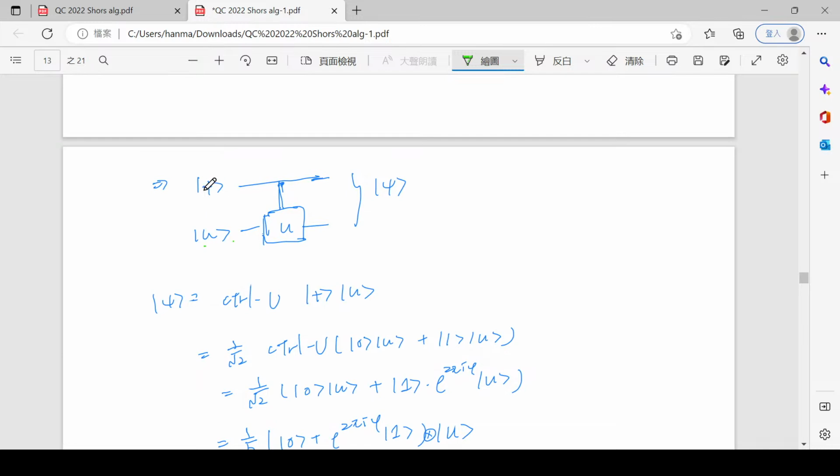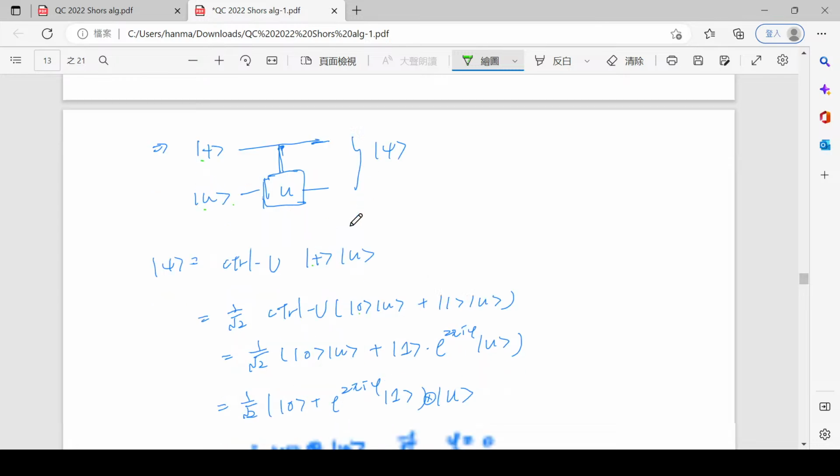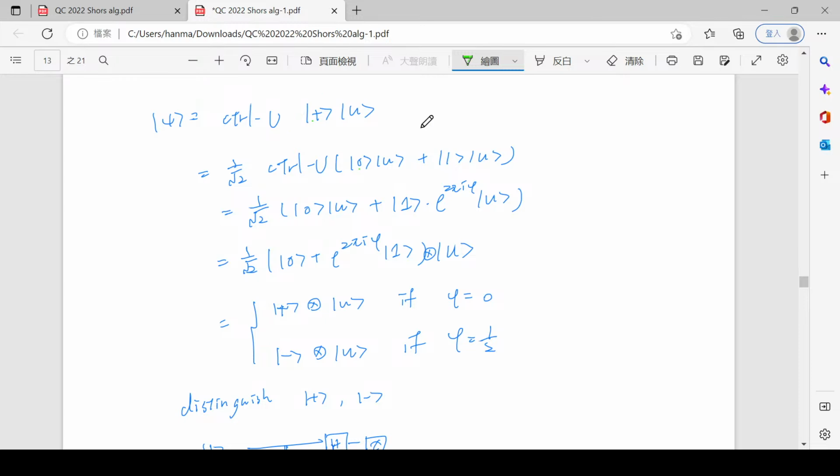So let's see how the phase kickback works. Right, so you have input plus and u, and you go through the control U. What will happen? You analyze this by separating the plus state into a 0 component and a 1 component, and the amplitude is 1 over square root 2.